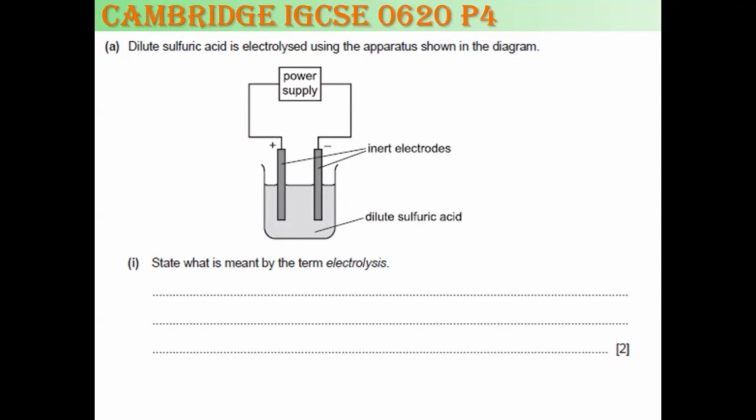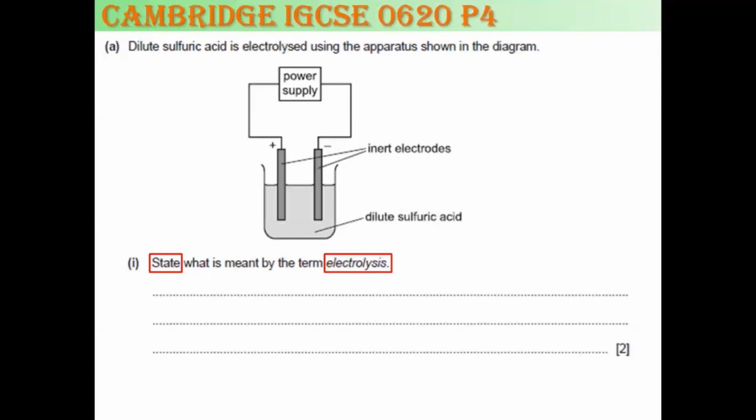The command word in this question is state. Now, what does state mean? They want you to give a very short answer to the question. And electrolysis, in this case, is the topic word. So here we are being asked to state the meaning of the term electrolysis.